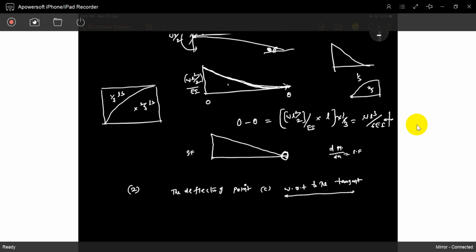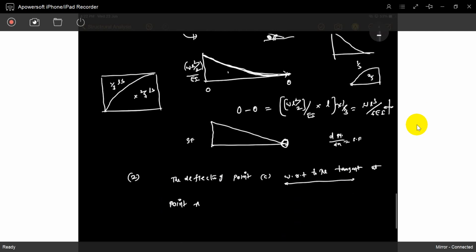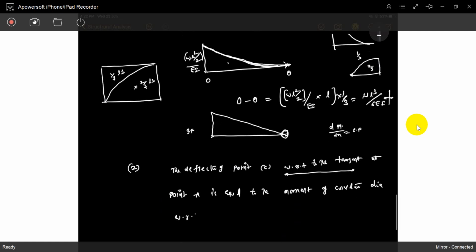The deflection of point C with respect to the tangent at point A is equal to the moment of the curvature diagram with respect to point C. That is exactly the area moment method.